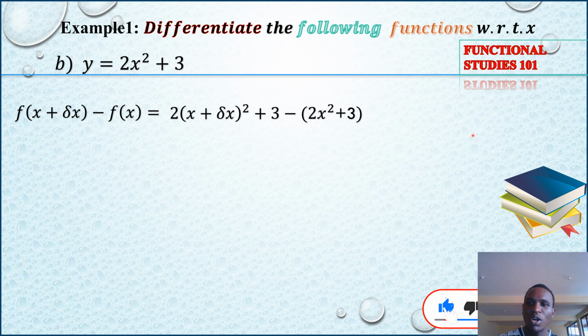Then we open up the same thing that we did here. We expand using the same identity. You will see this is x plus delta x all squared. This is a sum of 2 squares. We square the first term, plus the second term squared, then plus 2 times their product. Keep that statement in your head, memorize it.